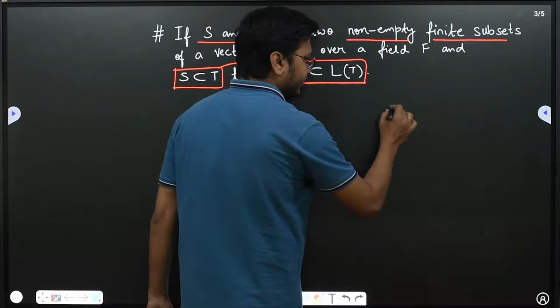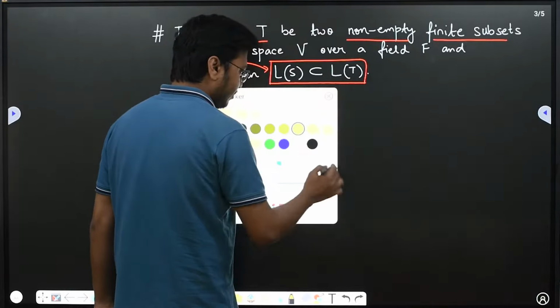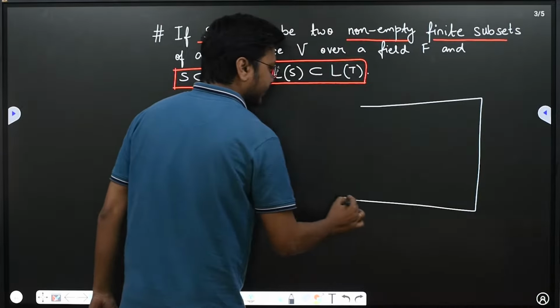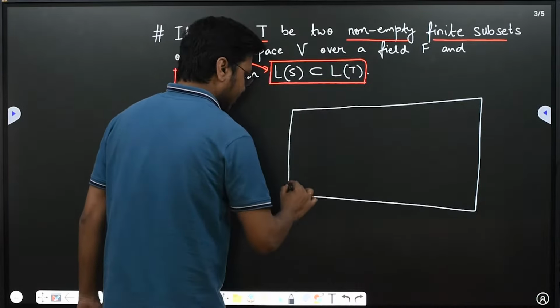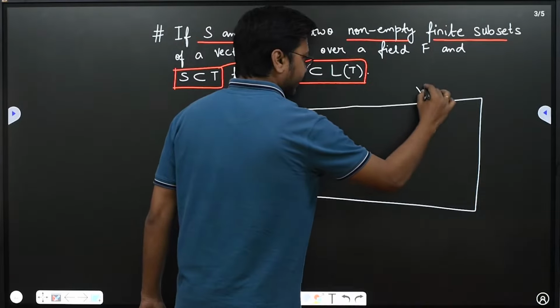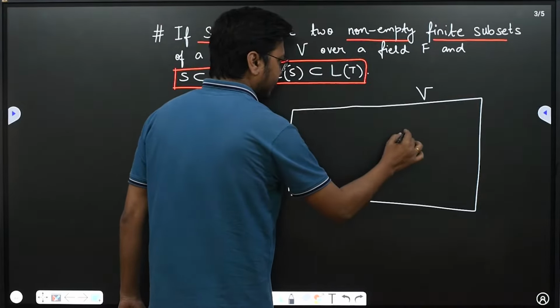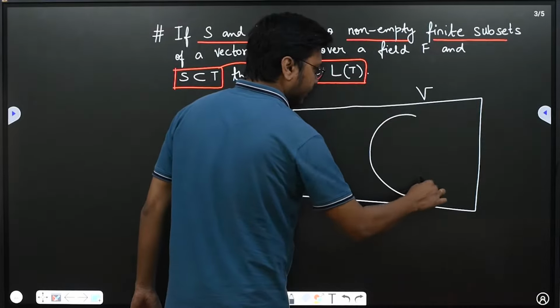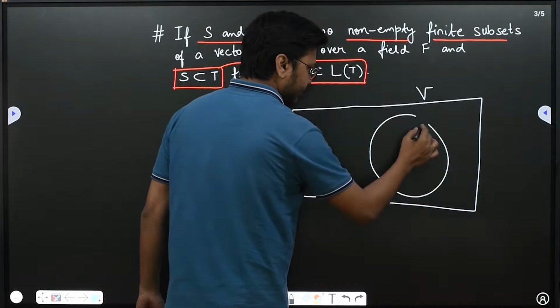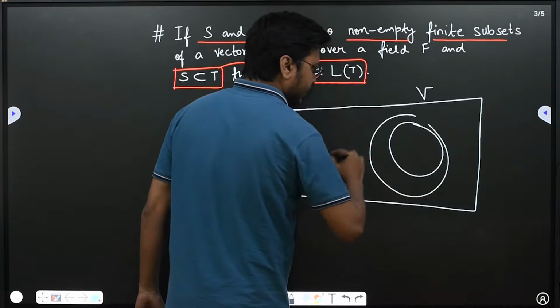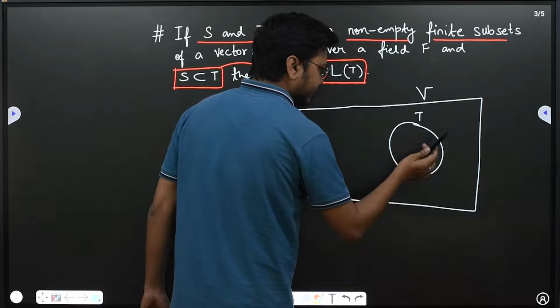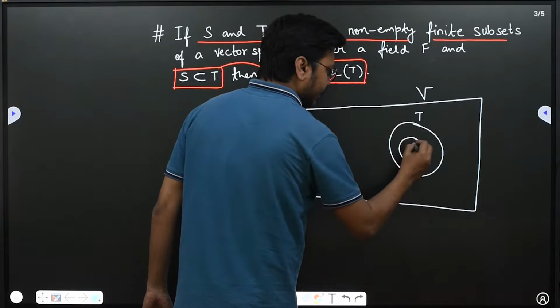Let's try to understand what's happening here. Suppose I have the vector space like this, and this is my vector space V. I have the S set and a T set. The T set is a larger one. Let me draw it a little bit small. Let's say this is my T set, and this is my S set.